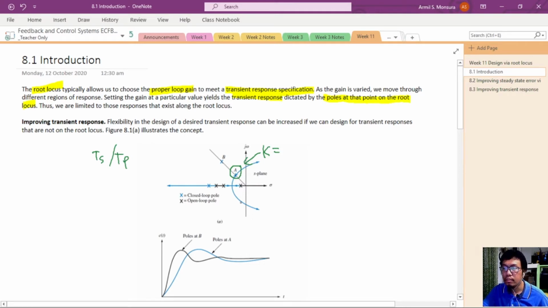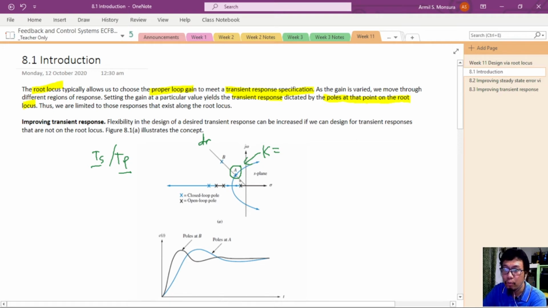Okay, so halimbawa ngayon na gusto niyong mag-meet ng certain TS or TP requirement ng inyong system. Okay? Then you would be changing your overshoot. Kasi along this line your overshoot is essentially constant.